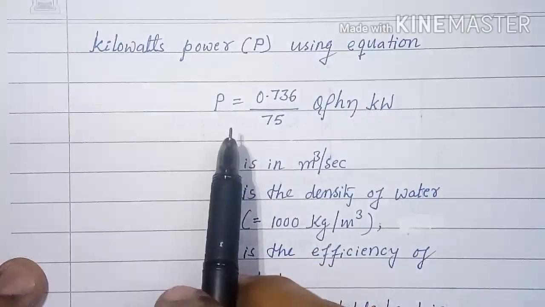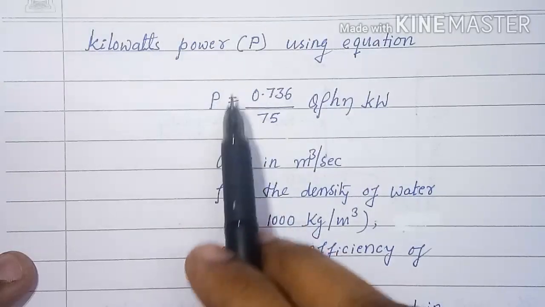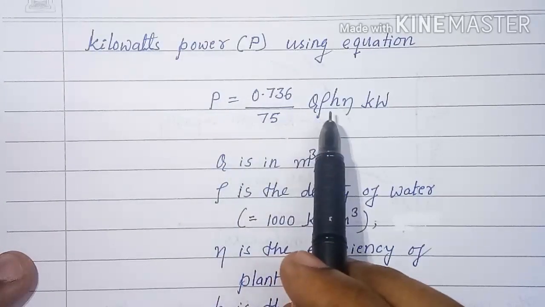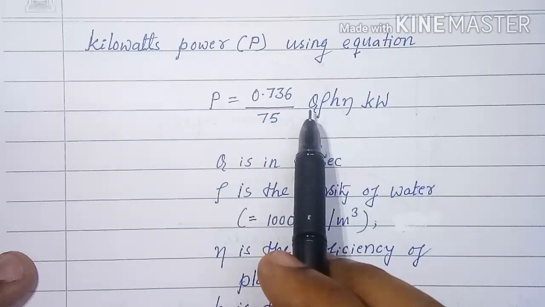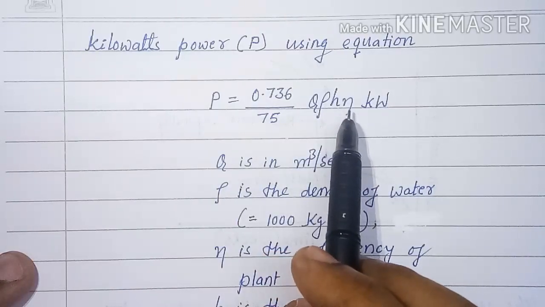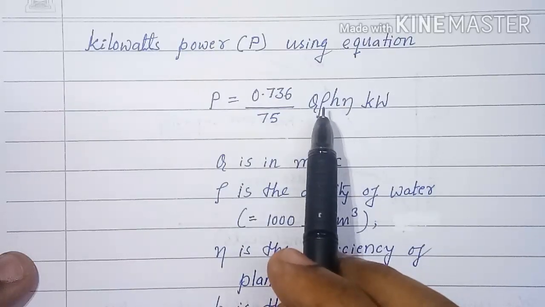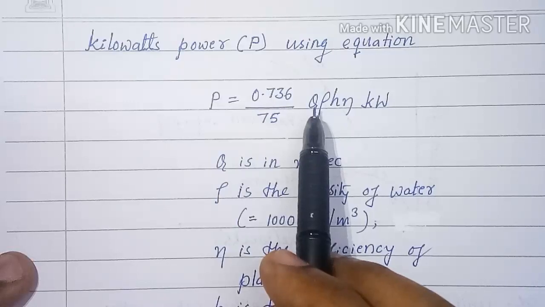So from this equation, we can understand that the power produced is directly proportional to H and Q. The efficiency for the given plant is constant. H is also constant and rho is also almost constant. Only the flow rate can change.